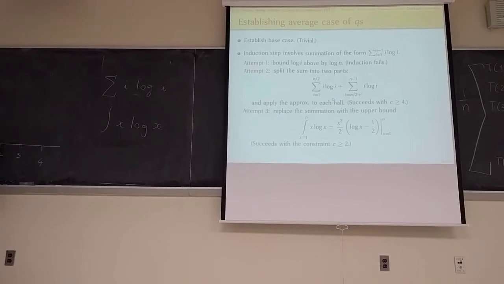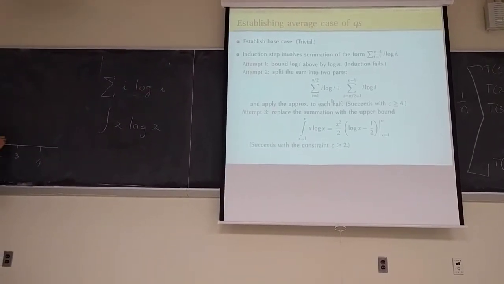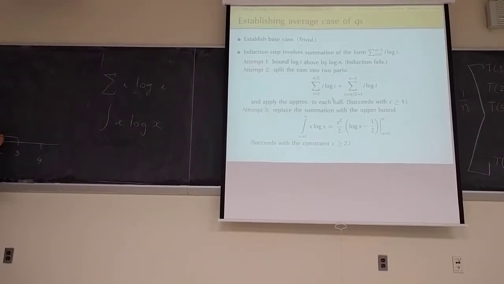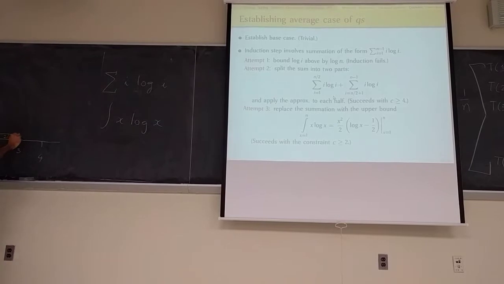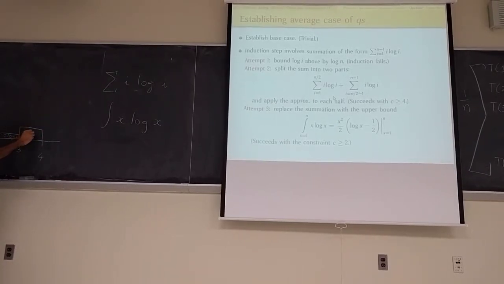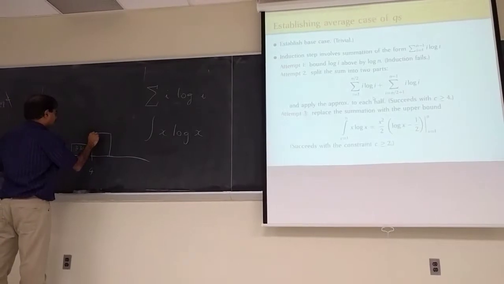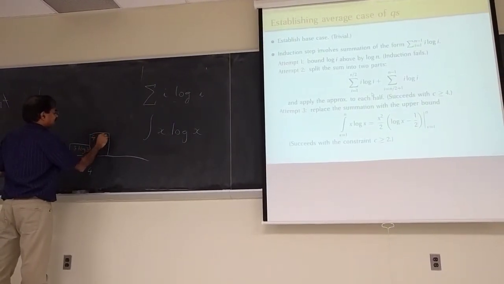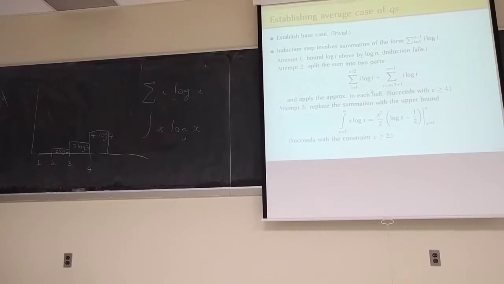At 2, you have 2 times log 2, this is 2 log 2. And 3 log 3. Ignore whether the scale is right and so on.